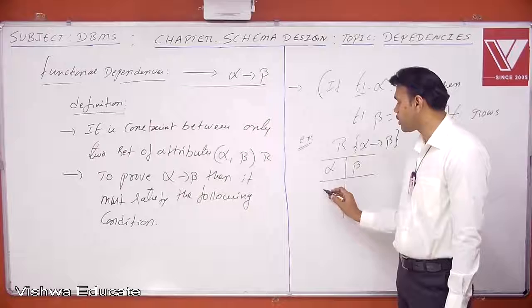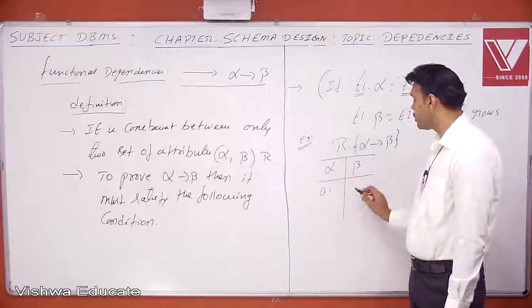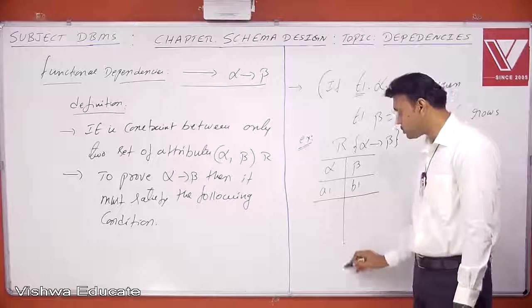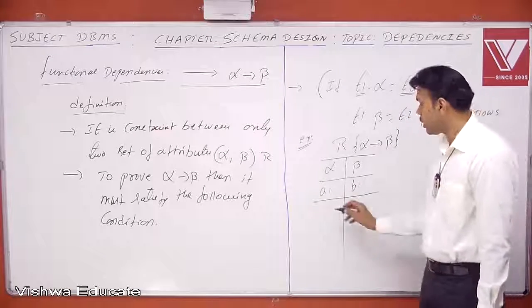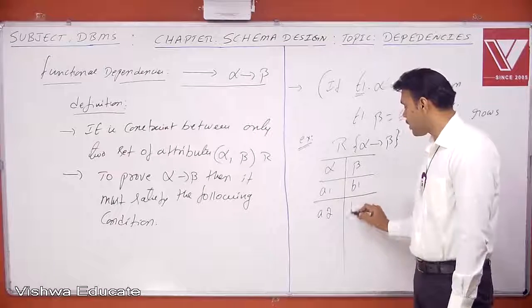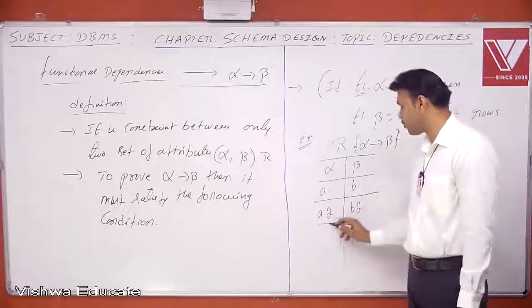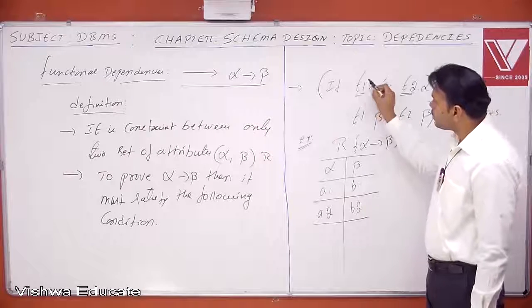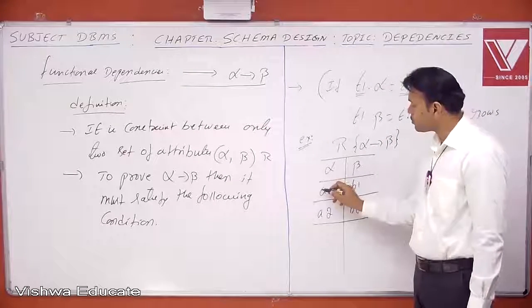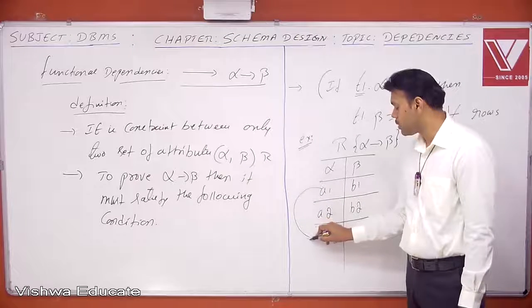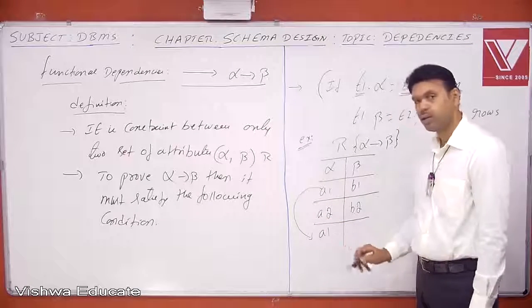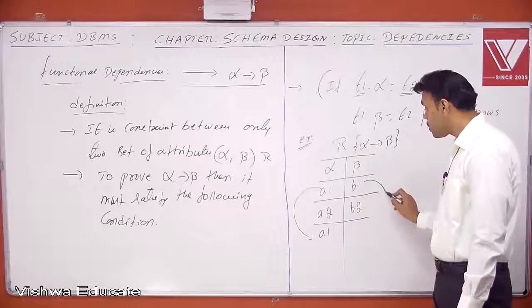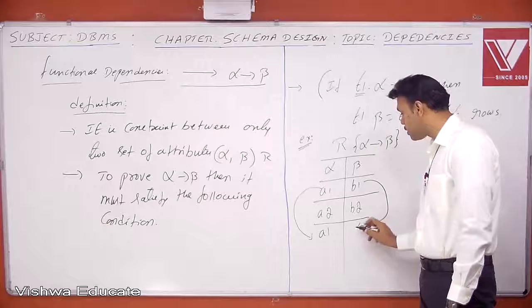So I am writing A1 and B1, A2 and B2. The idea is whenever you repeat a tuple, the corresponding beta has to repeat.